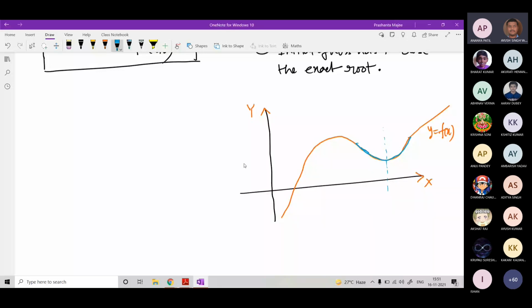Now where is the root? Here, alpha, it is the root. Now let us choose the point x0 here. You can directly see this initial guess is very far from the exact root, is it not?